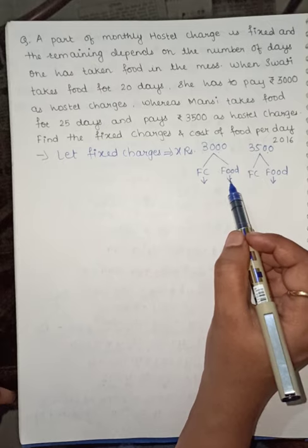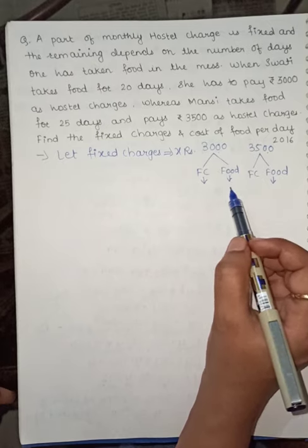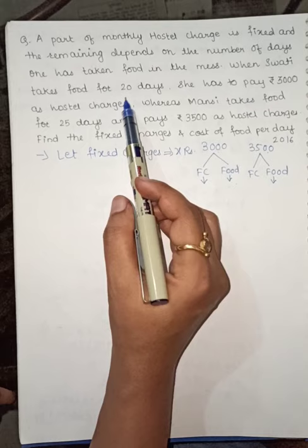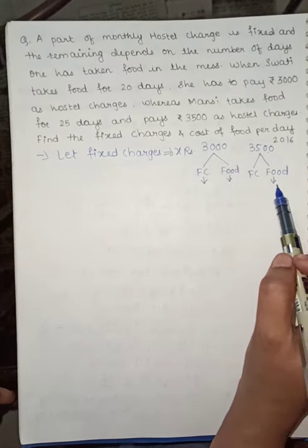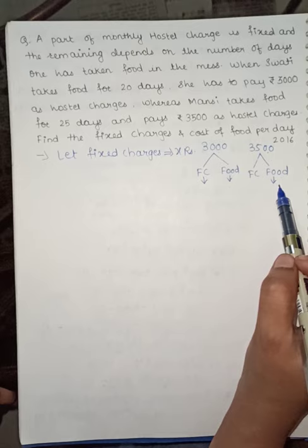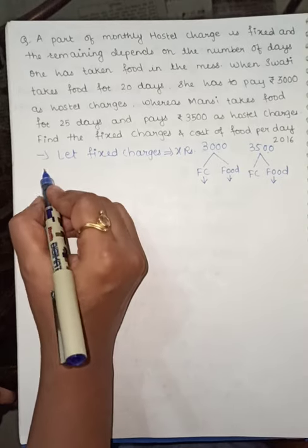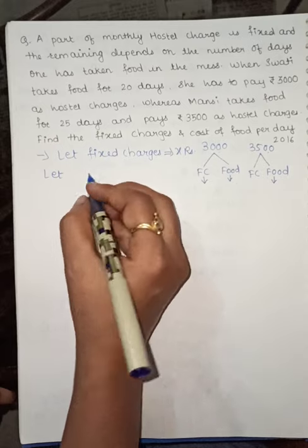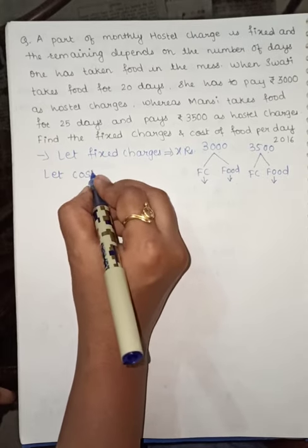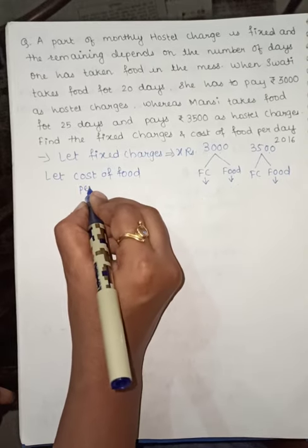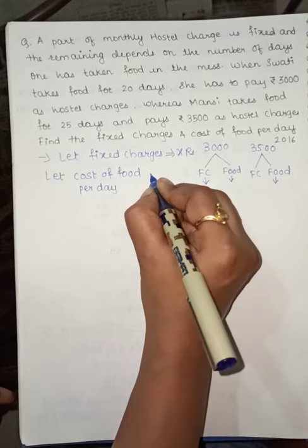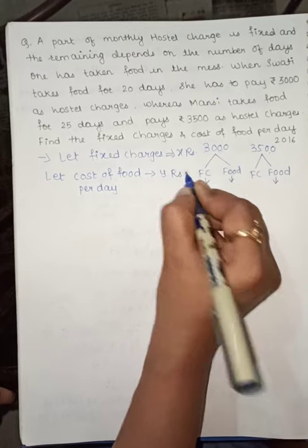For example, if I consider the cost of food per day as some variable, and Swati is taking the food for 20 days, I will multiply it with 20. Similarly, for Mansi, who is taking it for 25 days, I will multiply it with 25. So the cost of food per day, let us consider as rupees y.